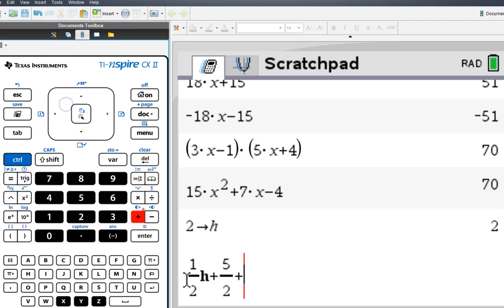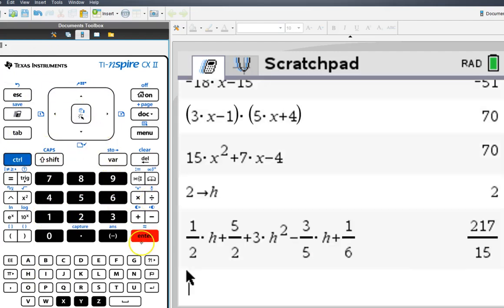Then I'm going to add that to 3h squared, 3, and then h squared, and then minus 3 over 5h, minus control divide, 3 down 5, right arrow h, and then plus 1 over 6, plus control divide, 1 down 6. Okay, so I have this typed in, hit enter, and I get 217 over 15.